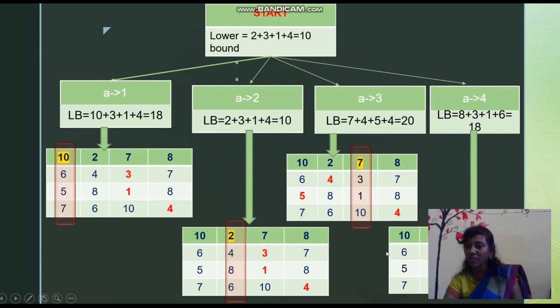For B, 6, 4, 3 only are available, so the minimum is 3. For C, 5, 8 and 1; 1 is minimum, so it is taken. For person D, 7, 6 and 10 only are available, so it is 6. The value is 18.